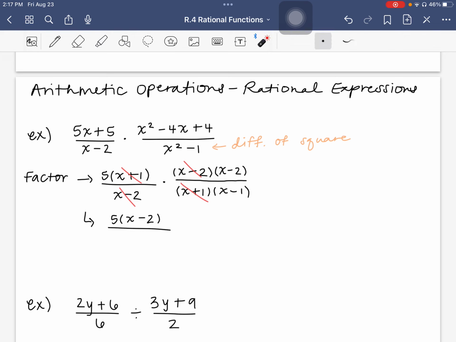And then on the bottom, we just have this x minus 1 here. And this is our final answer, our fully simplified version that we get when multiplying these two rational expressions.